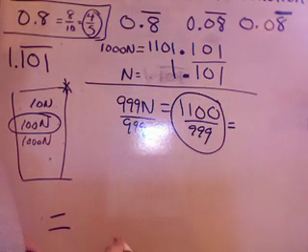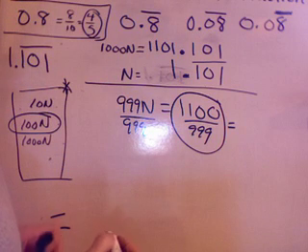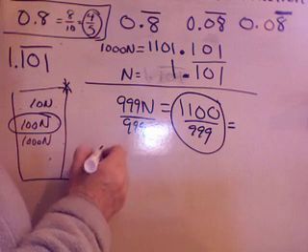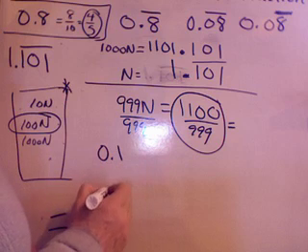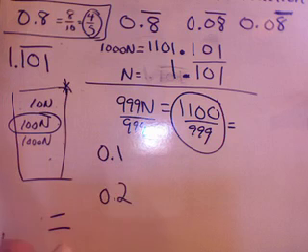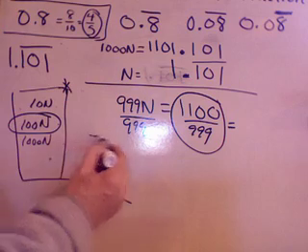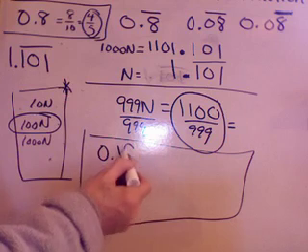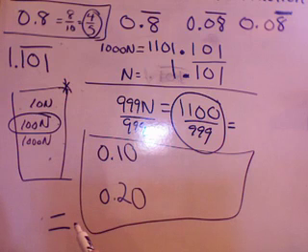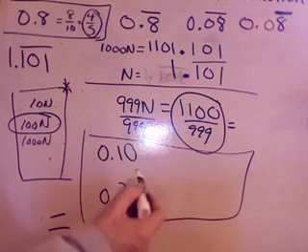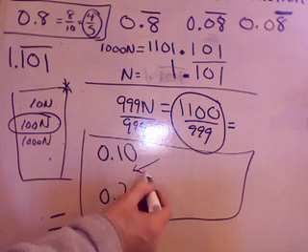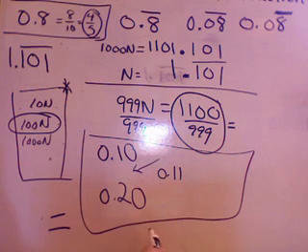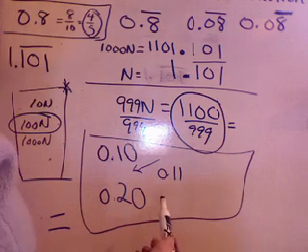Now, another thing you had to do on this section was find rational and irrational numbers between a pair. For example, if I had to find a number between 0.1 and 0.2, first thing you want to do is think about these two numbers. I need something between them. Well, add another decimal place. Now there's lots of numbers between them. If I want a rational number between them, I could do 0.11 or 0.12 or 0.13.